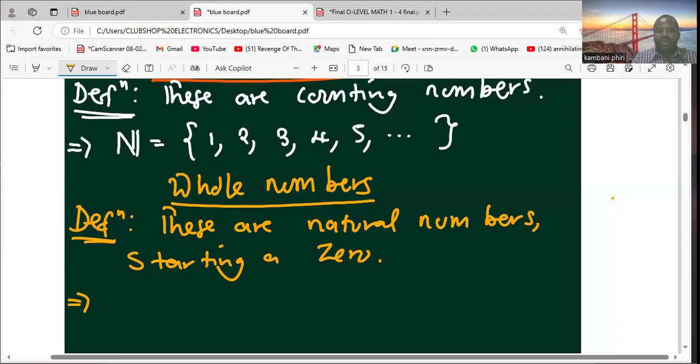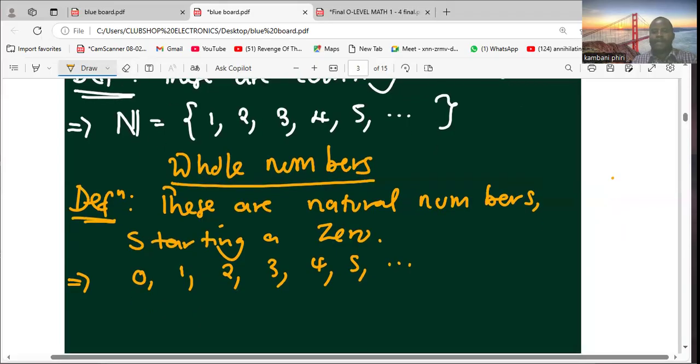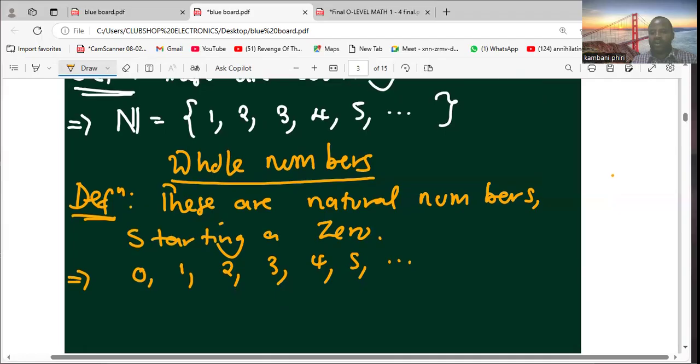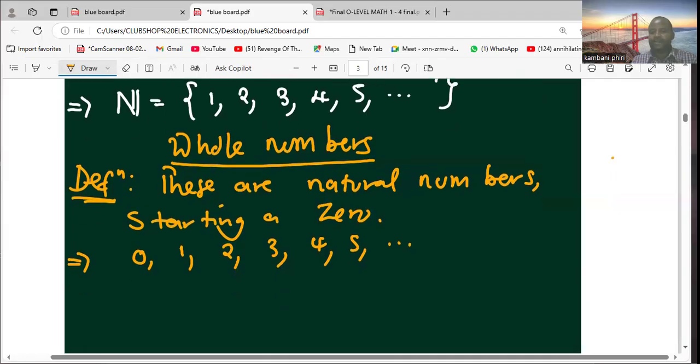What do we mean? We can have 0, 1, 2, 3, 4, 5. Because we've started from 0 and we have natural numbers, these numbers are referred to as whole numbers.